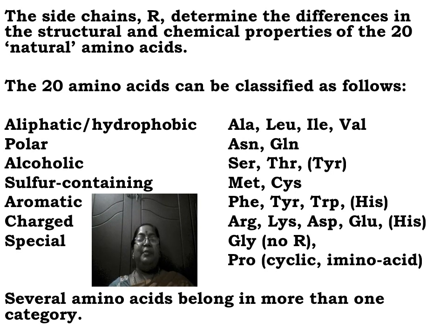These amino acids can be classified as follows: aliphatic or hydrophobic amino acids, alanine, lysine, isoleucine, valine; polar amino acids, asparagine and glutamine; alcoholic amino acids, serine, threonine; sulfur containing amino acids, methionine, cysteine; aromatic amino acids, phenylalanine, tyrosine, tryptophan; charged amino acids, arginine, lysine; aspartic acid, glutamic acid, histidine; special amino acids like glycine and proline.